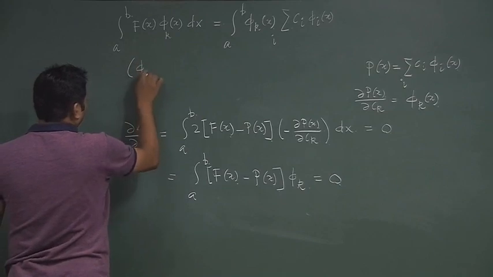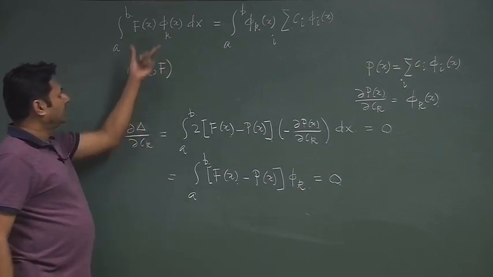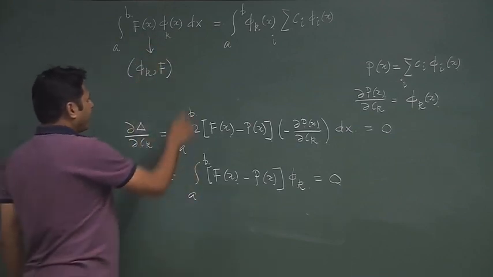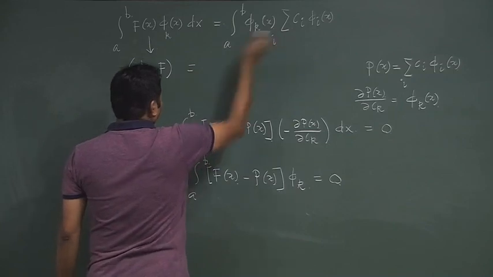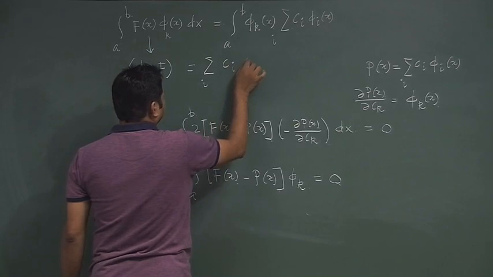So, I write it as phi_k and f in inner product notation. I can write this in this way, no problem with this. Then what will I do? I will take the treatment, and the logic of the treatment is exactly the same.